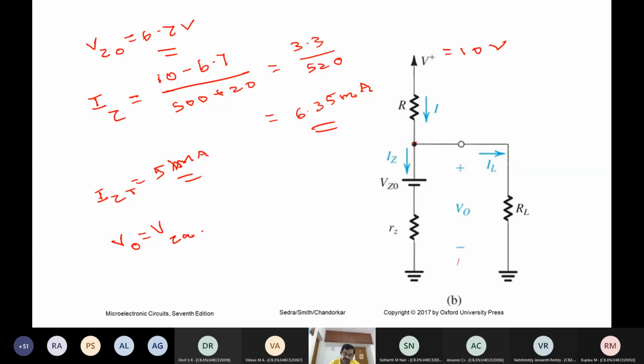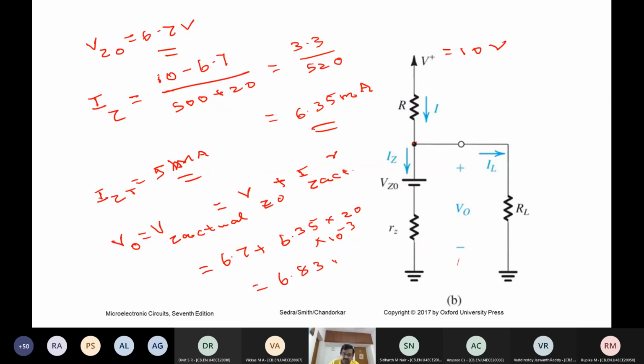I will say VZ actual that we are going to get will be VZ naught plus IZ actual into small r. So that will be equivalent to 6.7 plus 6.35 into 20. 6.35 is in milliampere, so I need to multiply by 10 power minus 3. Therefore, I will get, you can check here, 6.83.